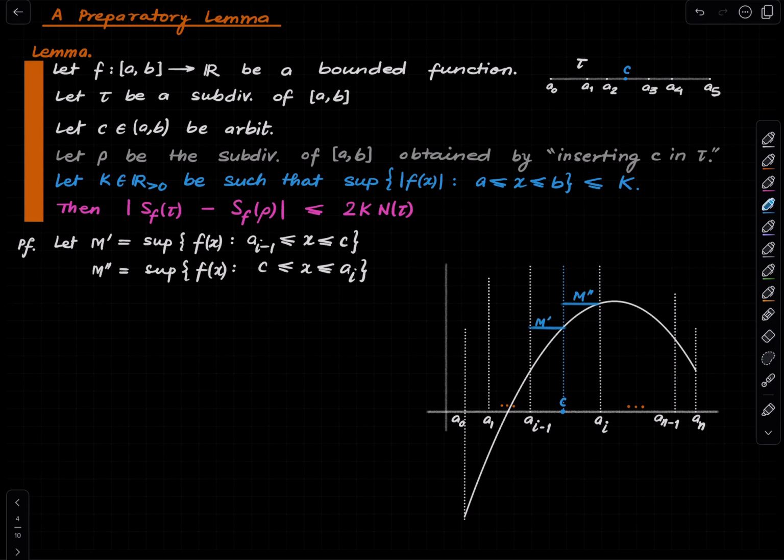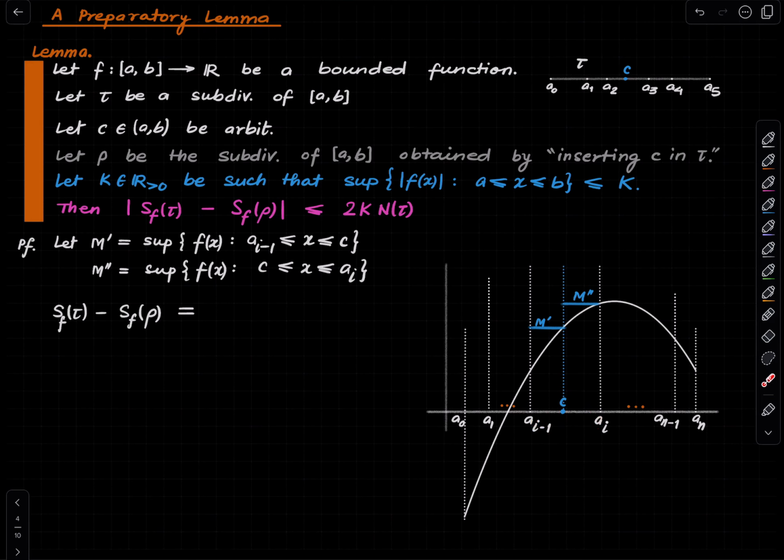And now it is easily seen what the difference between the two upper sums is. The summands that appear in this upper sum are all the same when you are dealing with the parts of the subdivision which have nothing to do with the part where c lies. Right?